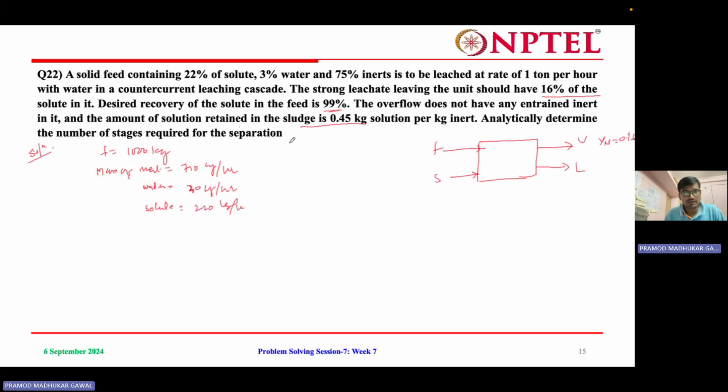And in the underflow, the retained amount of solution is 0.45 kg solution per kg inert. Correct.